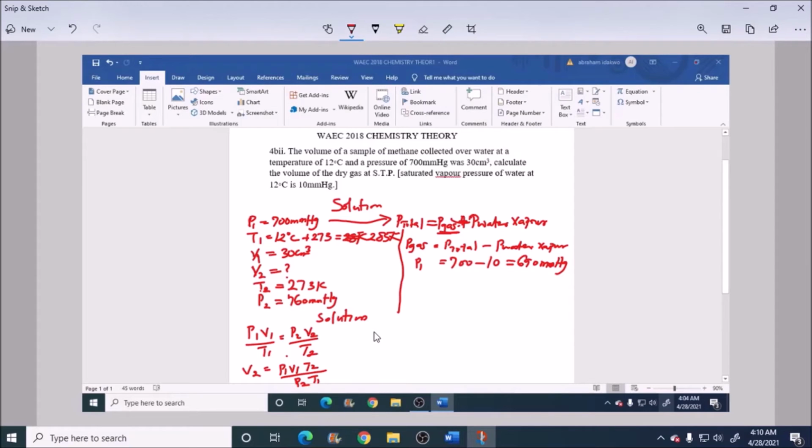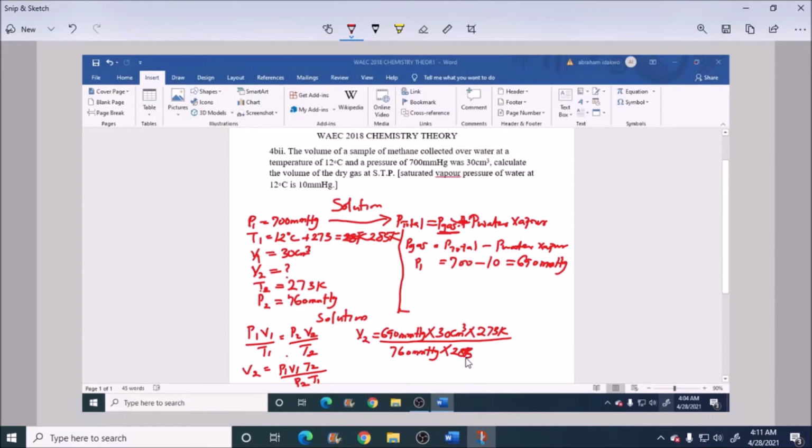By substituting, V2 is equal to 690 millimeter mercury, that's our P1, multiplied by 30 centimeter cube, multiplied by 273 Kelvin, our T2, all over our P2, 760 millimeter mercury, multiplied by our T1, which is 285 Kelvin.